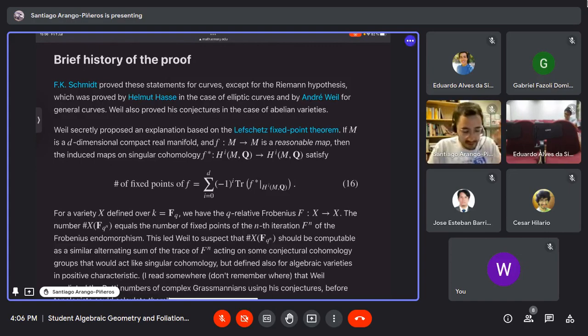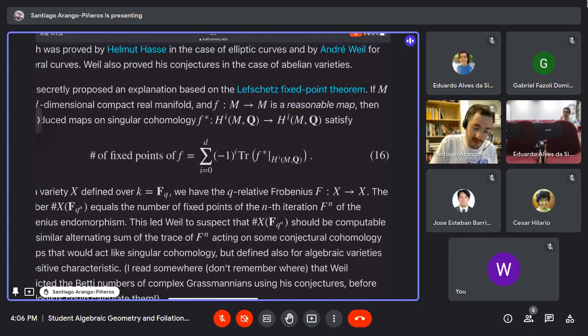If you take some d-dimensional compact real manifold and you look at a function of the manifold onto itself, some reasonable map, so let's say it's differentiable, then you can look at the induced map in singular cohomology, and what this fixed point theorem tells us is that you can count the number of fixed points by calculating this alternating sum of the traces of the induced function on each degree i cohomology.